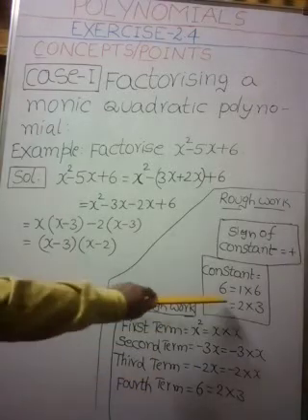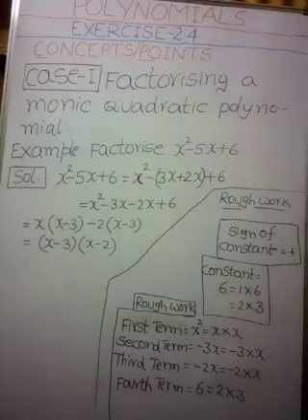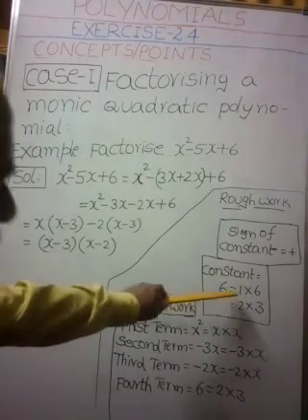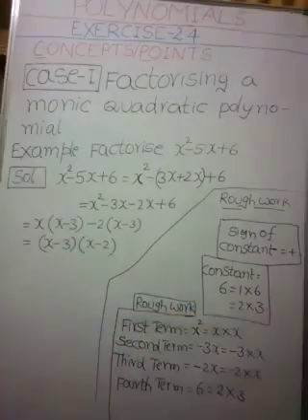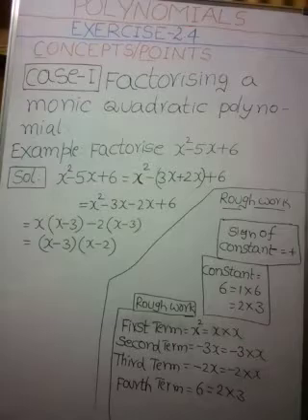Now we have to write the factors of 6. We have to write this number 6 as a product of two numbers in as many ways as possible. Okay, my dear children? So 6 can be written as 1 into 6 and 2 into 3. Only these are the possible ways to write 6 as a product of two numbers.